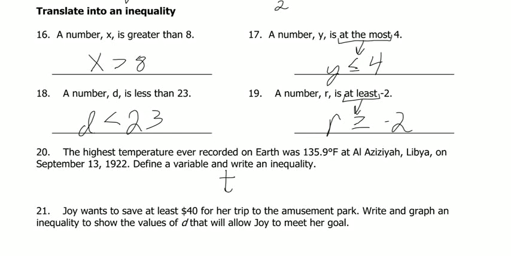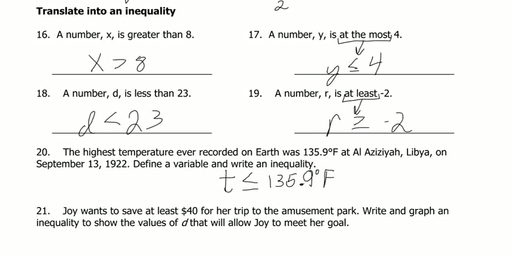It's asking about the highest temperature, so the temperature anywhere else on Earth has to be less than or equal to 135.9 degrees Fahrenheit. That's pretty easy to figure out. We don't know that they might not get higher, but for the time being, all temperatures on Earth have remained below that.